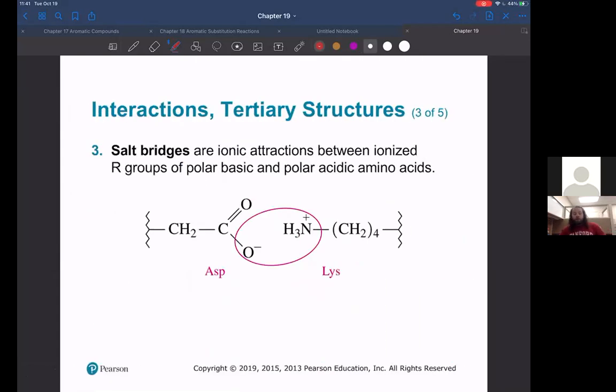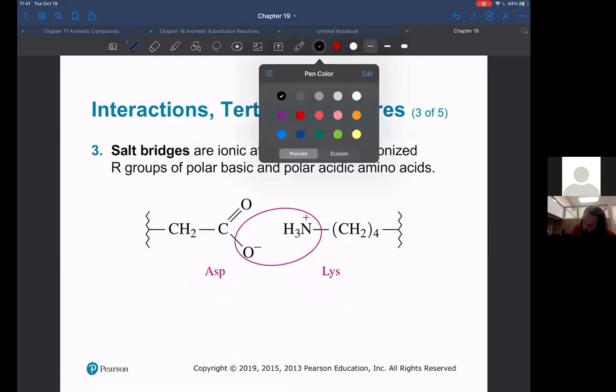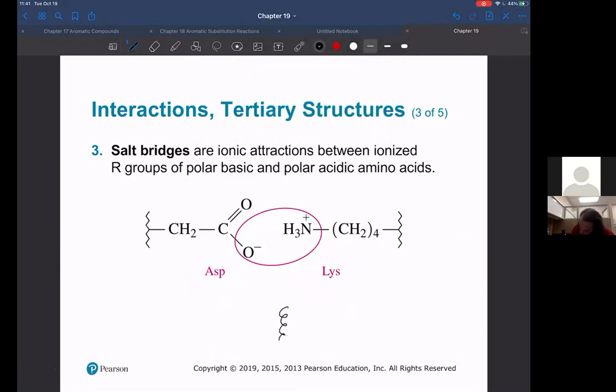Next, they're called salt bridges. These will hold 2 different elements of a protein together. So for example, if I have one alpha helix here and another alpha helix here, they might be held together in this region here by salt bridges. A salt bridge takes place between a negatively charged or acidic amino acid and a positively charged or basic amino acid.